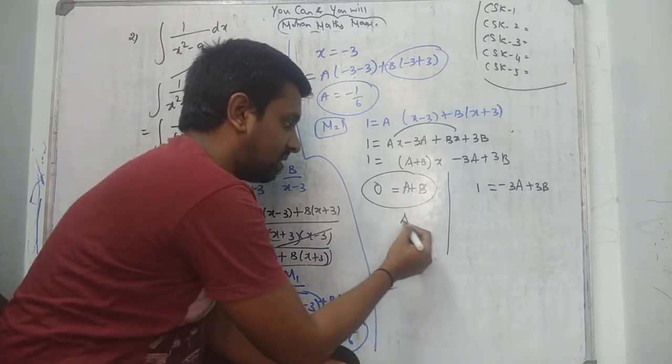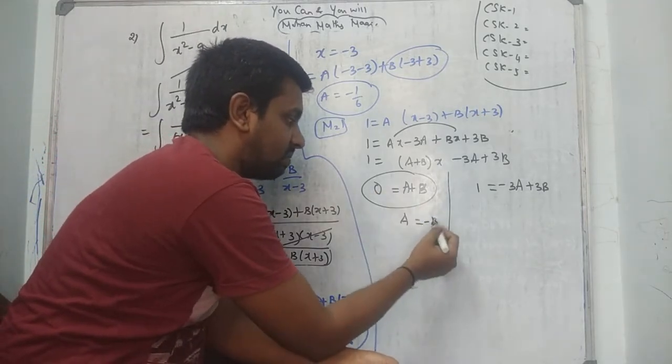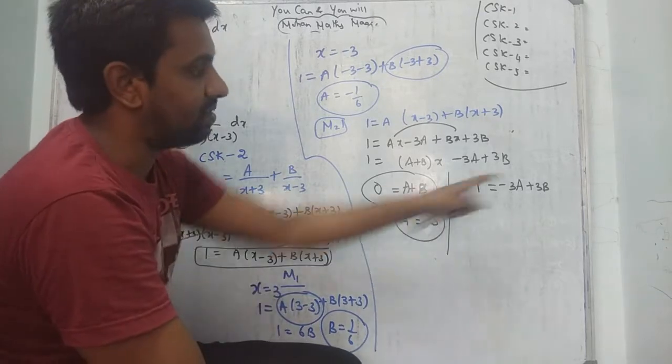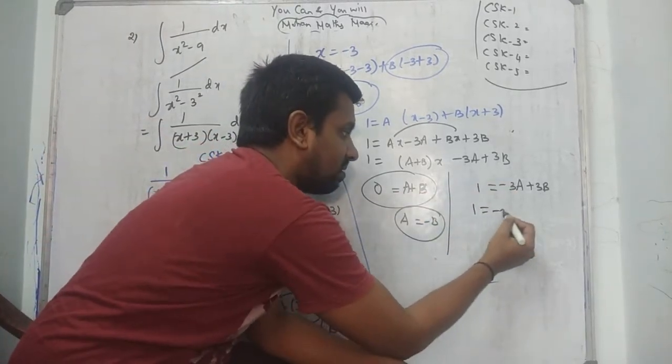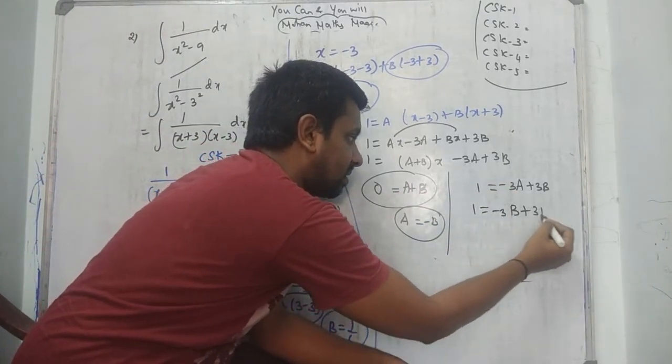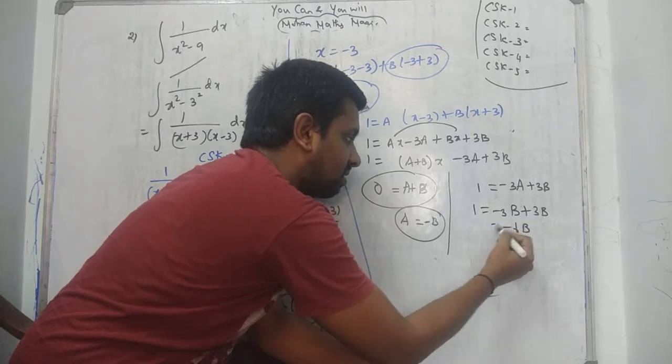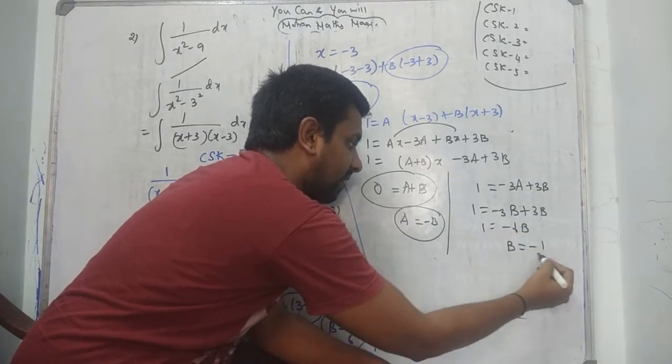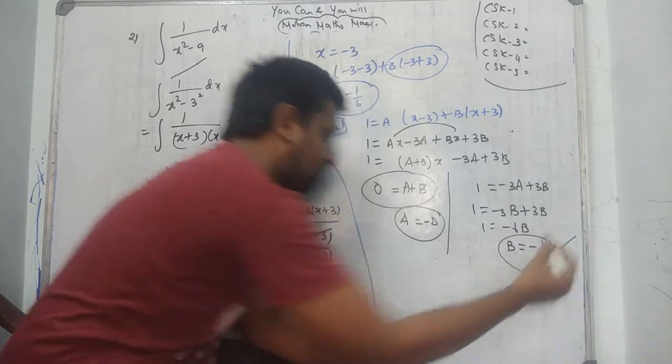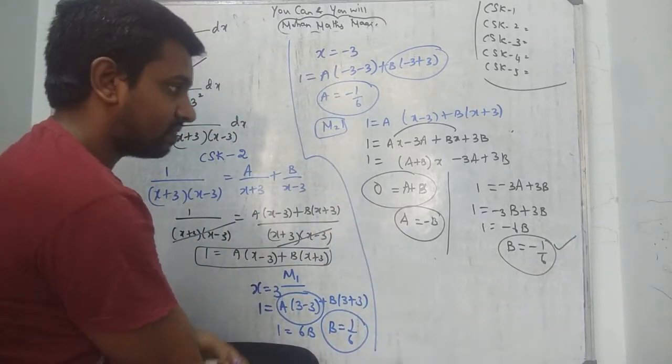Now the substitution method. a plus b equals 0, so a equals minus b. So wherever a comes, put minus b. So 1 equals 3b plus 3b, which is 6b, so b equals 1 upon 6. Any mistake somewhere? a equals minus b, right? So a equals minus b, and it will become minus 1 upon 6. Now substituting b equals 1 upon 6, a equals minus 1 upon 6.